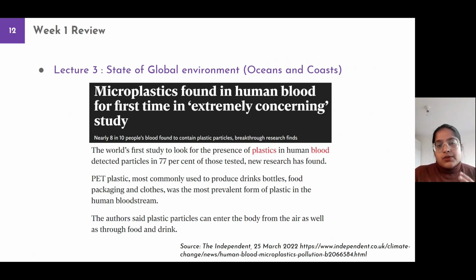This study used 22 blood samples and determined that 17 of them contained microplastics in the bloodstream. This is extremely concerning because when microplastics enter the bloodstream, they can cause our natural body functions to be disrupted. These plastics are entering our systems from food packaging, bottles, and clothes, and it is a cause of concern for human beings as well.